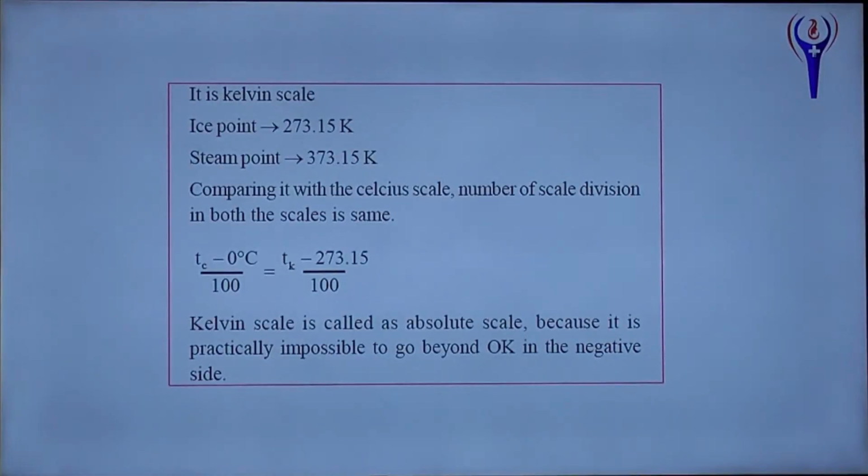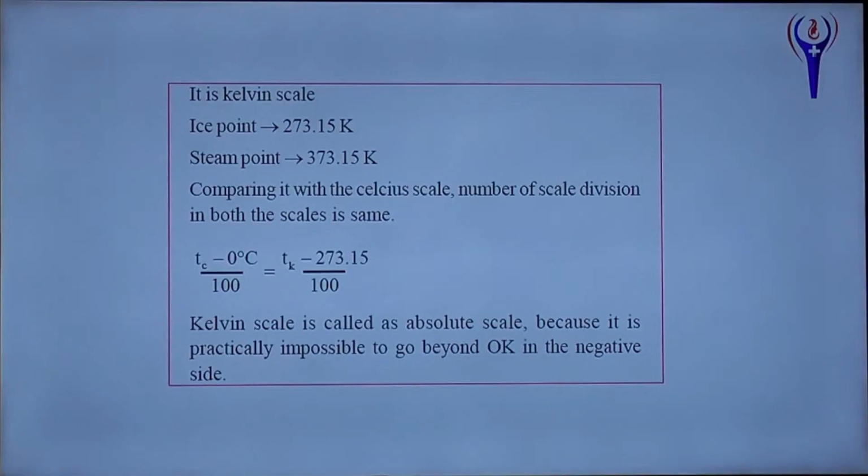In Kelvin scale, ice point is 273.15 Kelvin. Steam point 373.15 Kelvin. Then comparing this with the Kelvin scale, degrees Celsius with the Kelvin scale: (T minus 0) degrees Celsius by 100 equal to (T minus 273.15) by 100.